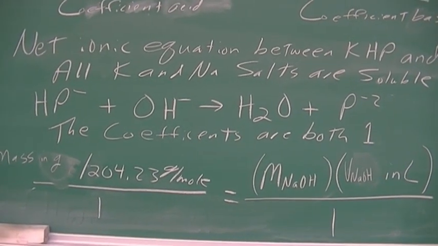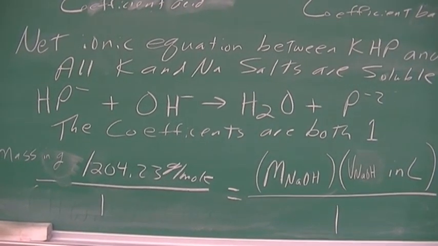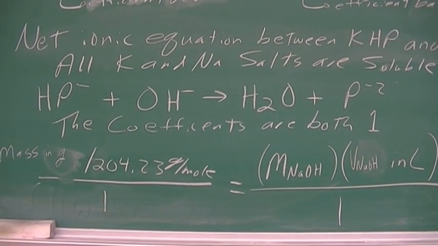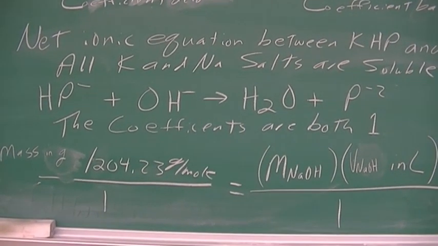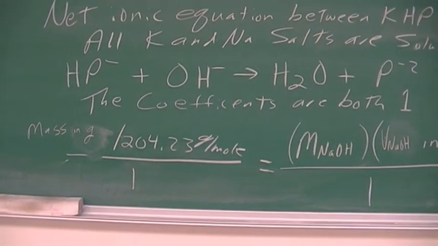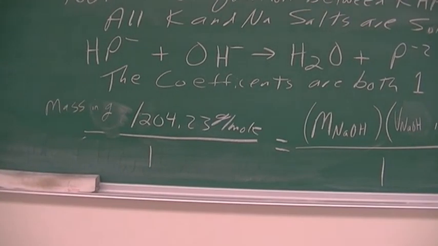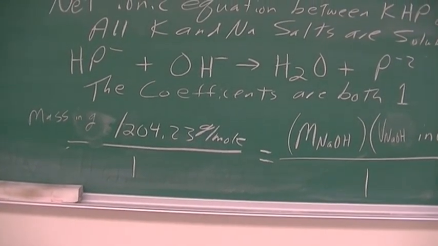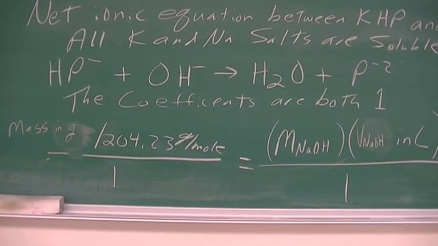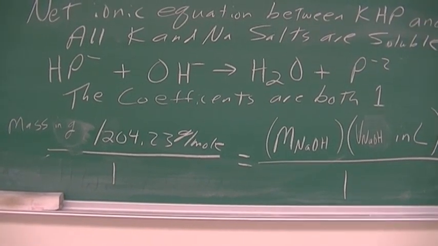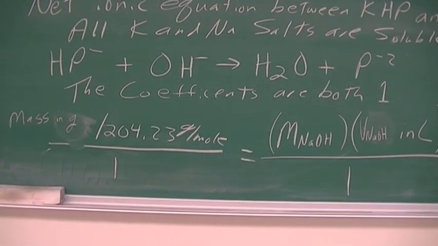So acid plus base yields salt and water. For the net ionic, we do not include the potassium or the sodium. For our lab, we needed to find this reaction in order to find the coefficients. So your coefficients of both the acid and the base are 1.